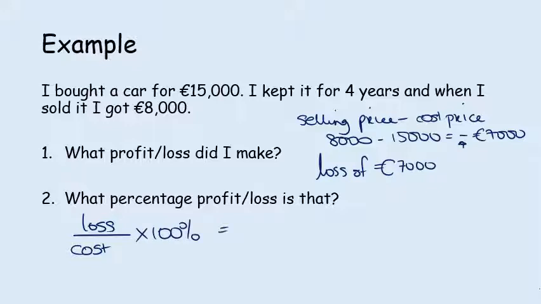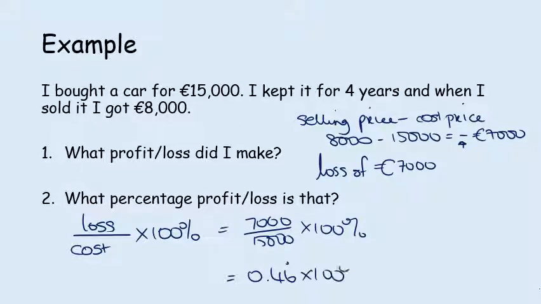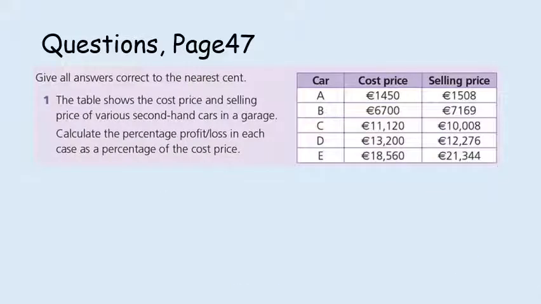So that's going to be 7,000 over 15,000 multiplied by 100%. And when you work that out, you end up with 0.46 recurring times 100%. So that's about 46.66666%. So we might round that to 46.7%.